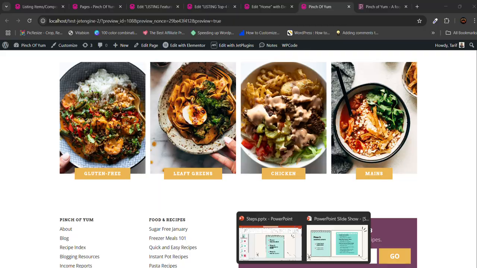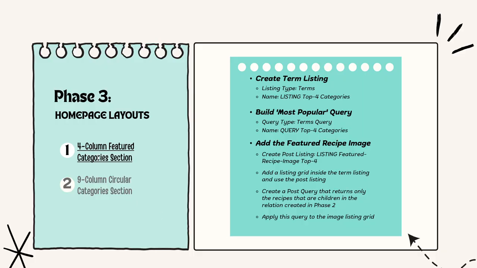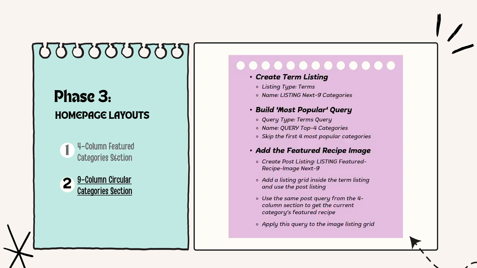All right, so we are done with the first part of phase 3. Now let's move on to the second part, the 9-column circular category section. We're going to do pretty much the same thing.